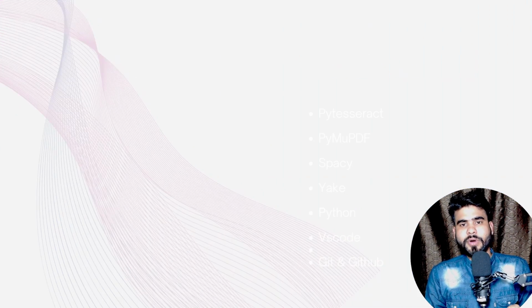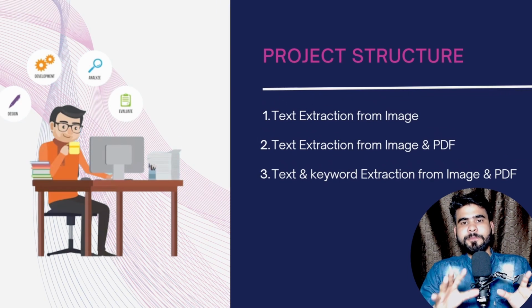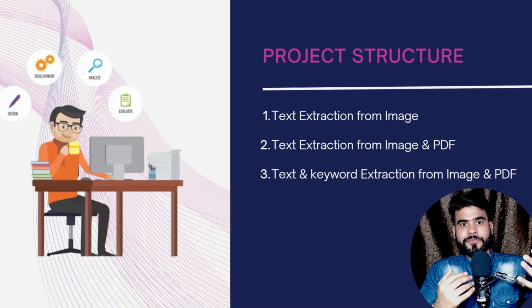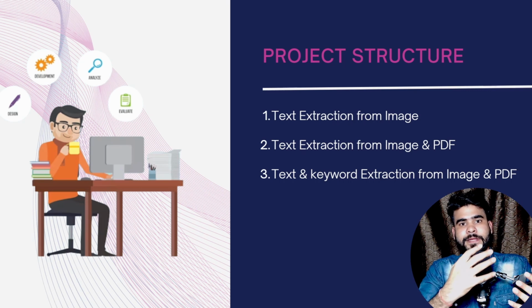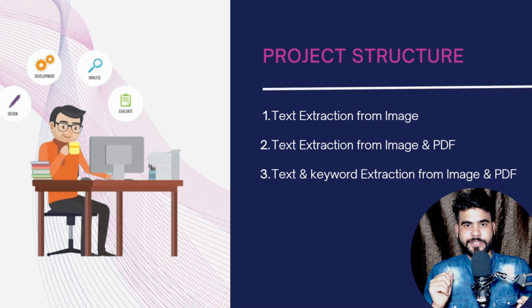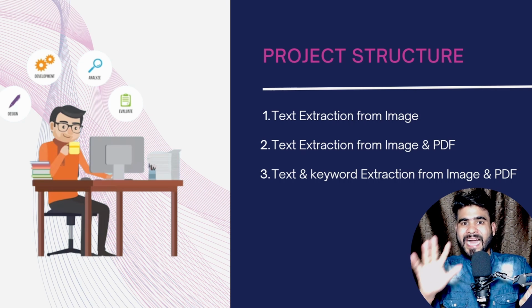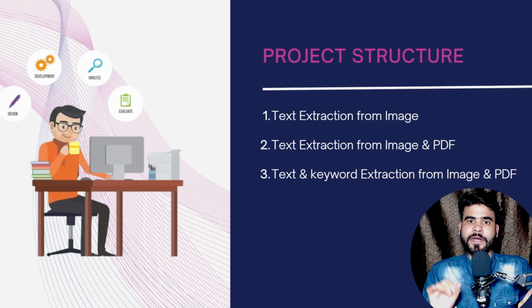Now let's try to understand the complete project structure. I have divided this project into three parts. In the first part, we are going to extract text from images. In the second phase, we are going to extract text from the PDF file.